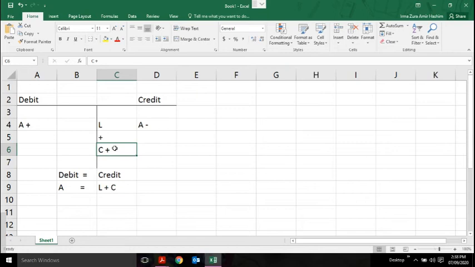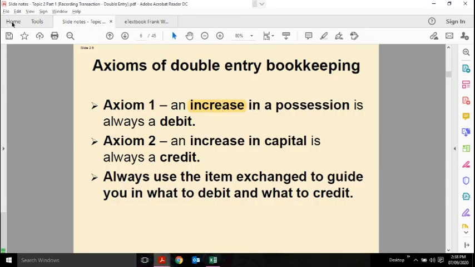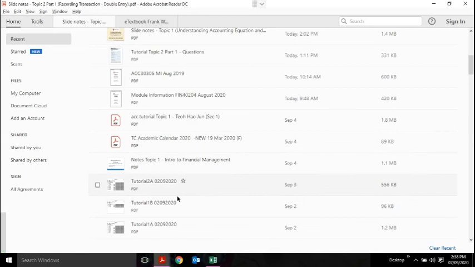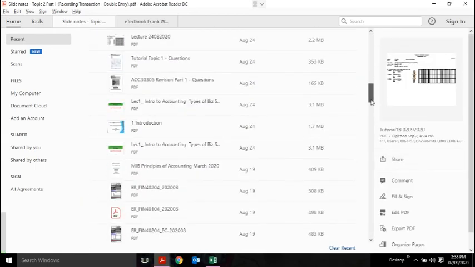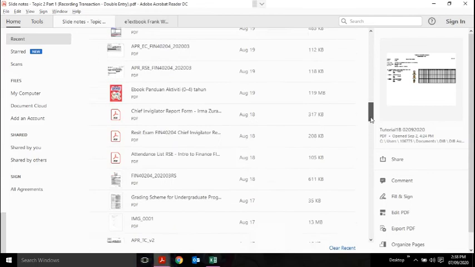So when there's a reduction in your capital, you have to record it on the debit side. Remember last week, hold on, I'll show you the item notes.